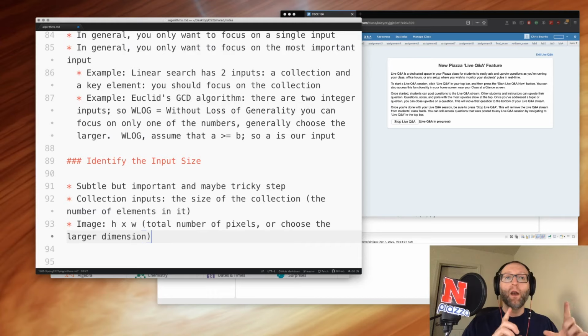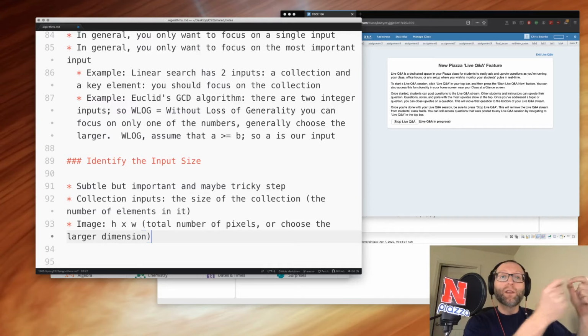So if I've got an image that's 100 by 1,000, well, that's 100,000 pixels total, and that could be my input. Or if it's 100 by 1,000 pixels, a really long image, a letterboxed image or something like that, then I could say, without loss of generality, let's go ahead and assume that the input size is the larger of the two, so that I can simplify my analysis.